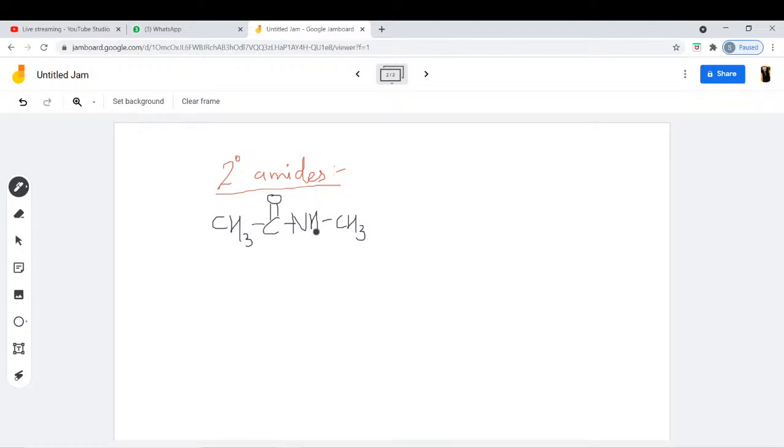This methyl group is attached to this nitrogen, that's why we call it N-methyl. With two carbons, that amide is called acetamide, so N-methyl acetamide.